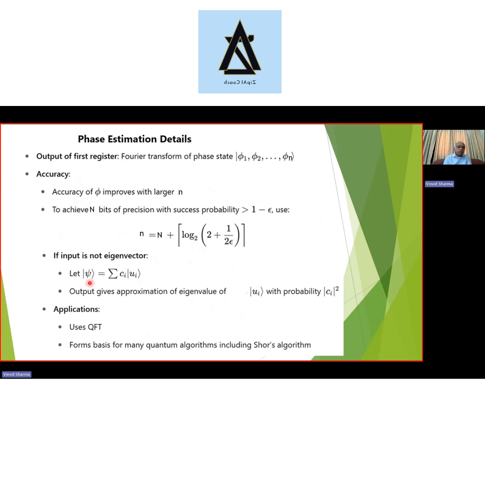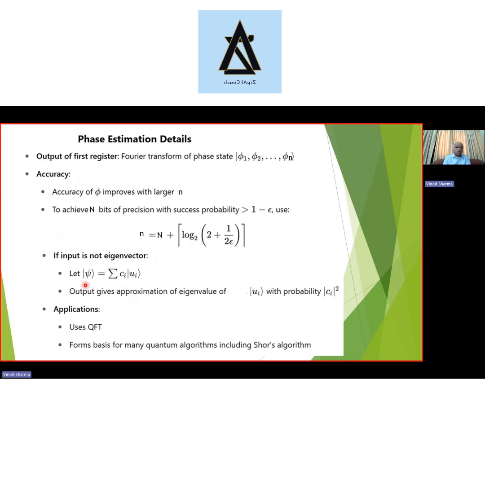So if you input this to the quantum circuit that we have given above, then you can get at the output, on measurement, an approximation of the eigenvalue of u_i, so any one of the u_i, with probability mod c_i squared. The c_i is given here.